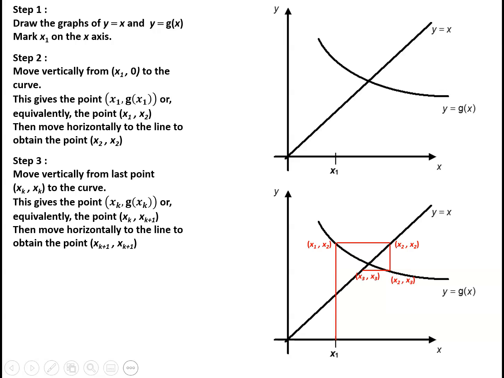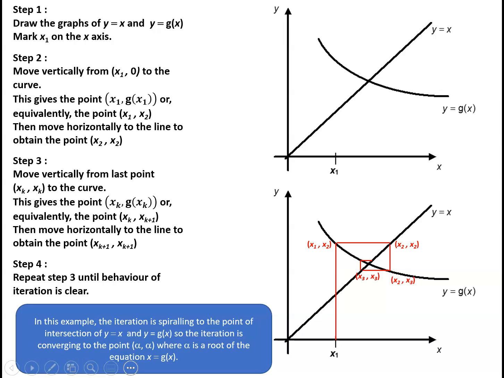Now we should repeat step 3 until we can see what's happening. So again, from the point (x_3, x_3), I'm going to move vertically to the curve, which gives me the point (x_3, x_4), and then horizontally back to the line, which is going to give me the point (x_4, x_4).